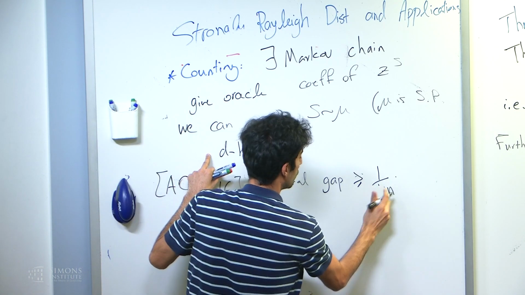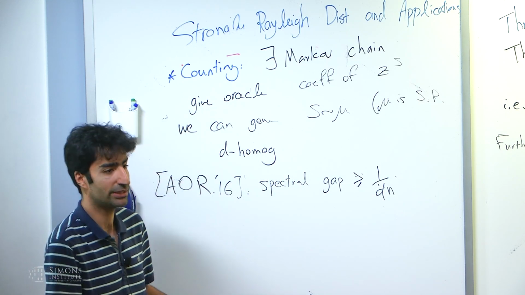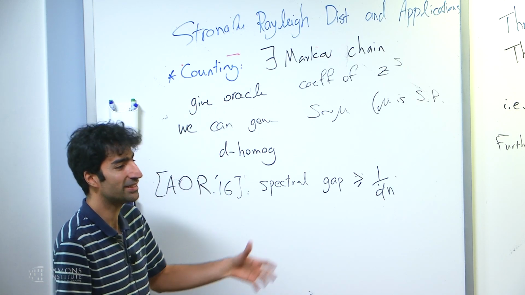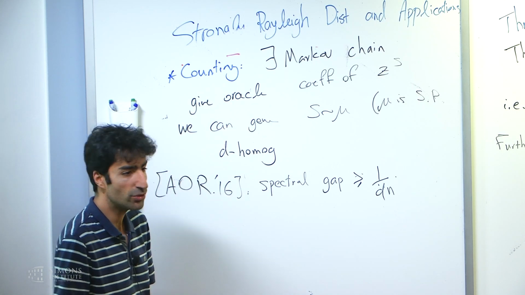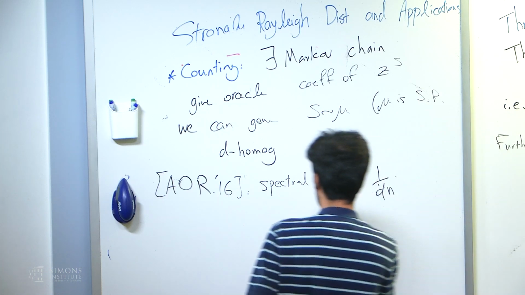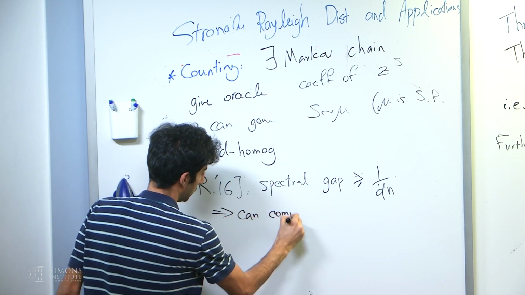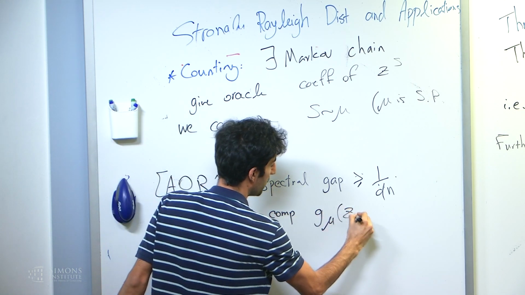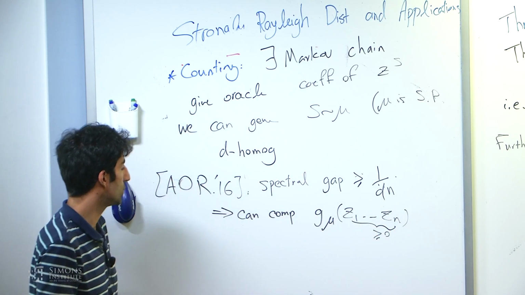So using this, you can generate samples from DPPs. You can generate random spanning trees. Random spanning trees we already knew, but you can generate from any other strong Rayleigh distributions. In particular, you can also compute g mu at any z1 up to zn where they are non-negative. You can also do that.